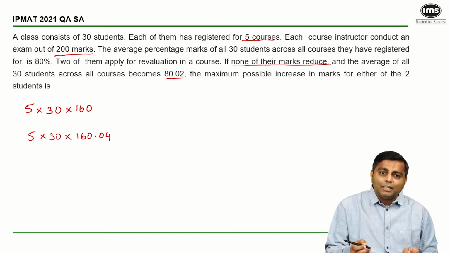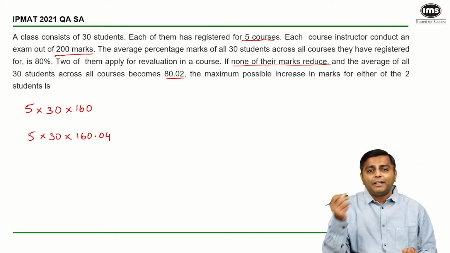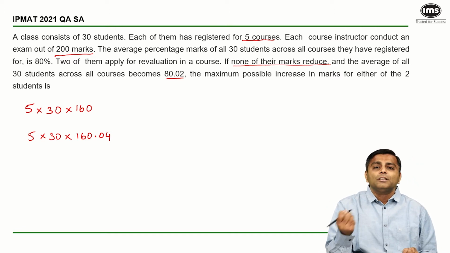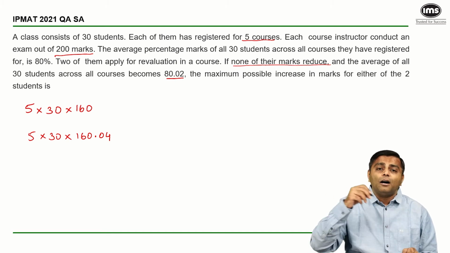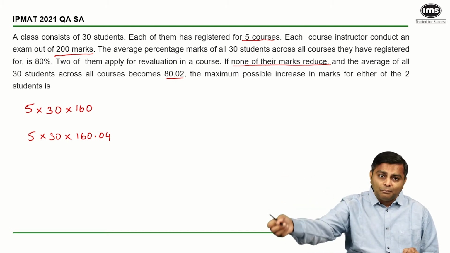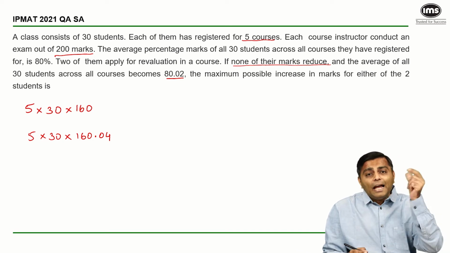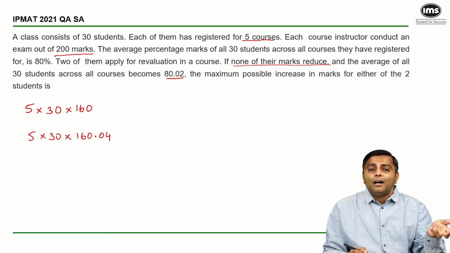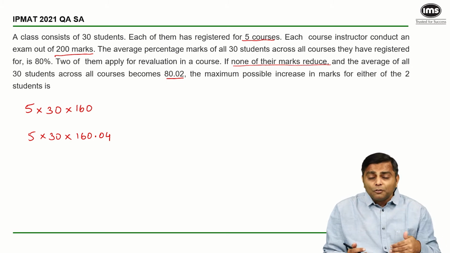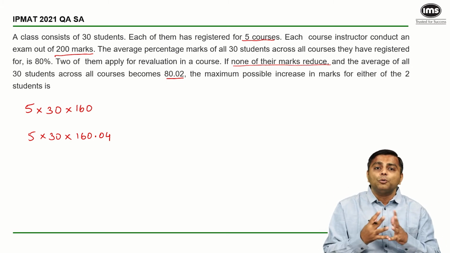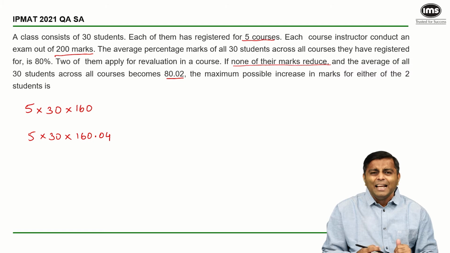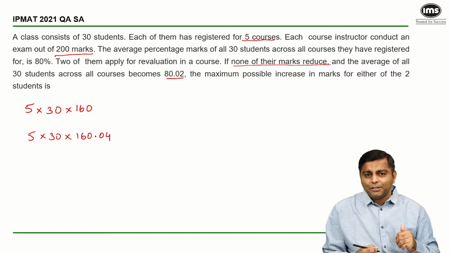Then if you subtract the older value from the newer value and divide by 150, you will get the difference. Now that difference has to be again divided by the number of students. I don't really want to do it using that method.